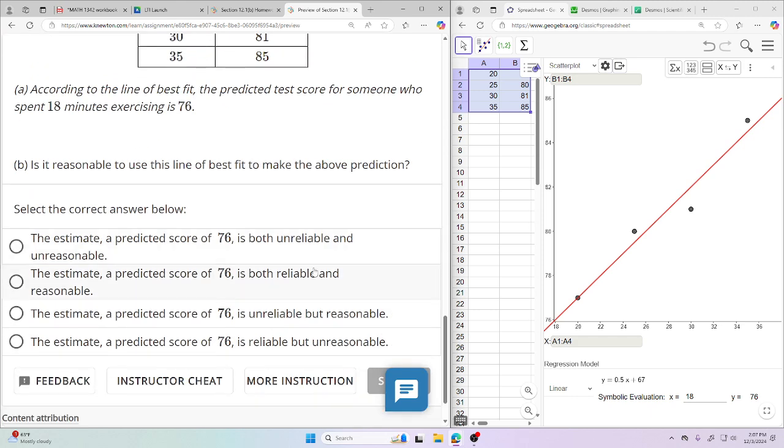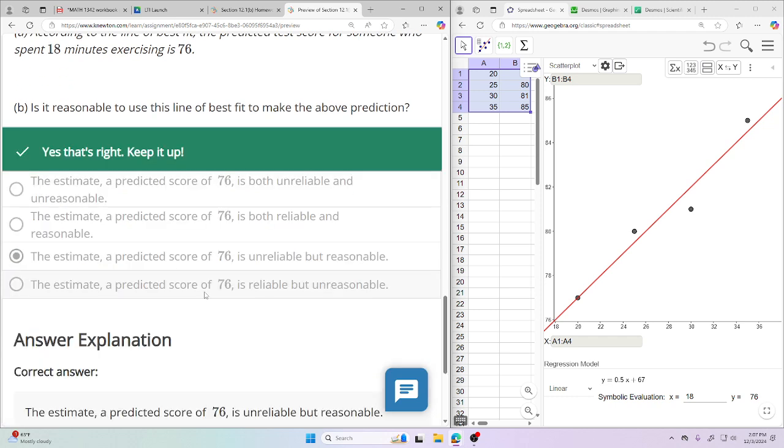See? Yeah. So we need to say, well, it'll work or it doesn't work and all that kind of stuff. Okay, so because it's outside of the zone, I'm going to say that it's reliable. No, it's unreliable but reasonable. I'm just going to take a guess. Y'all ever guess on your homework? I do. And yay.